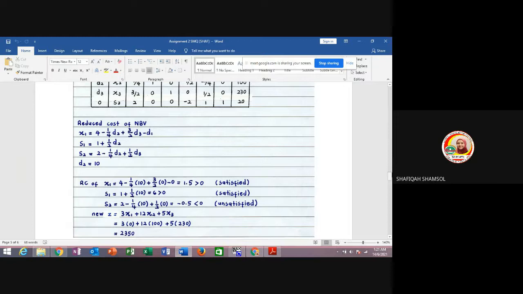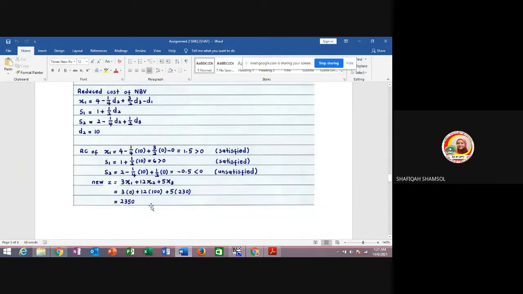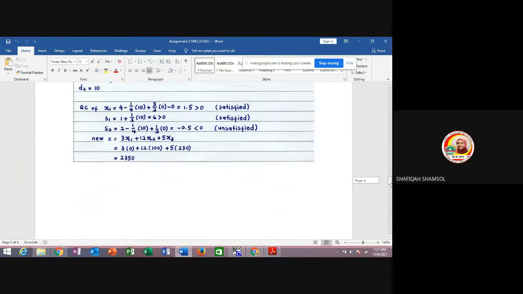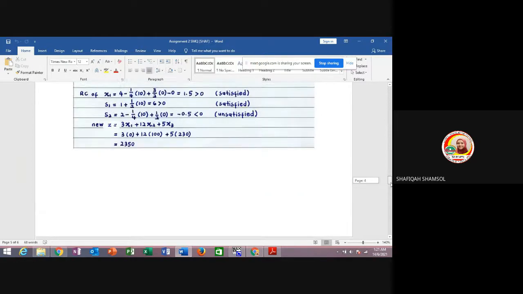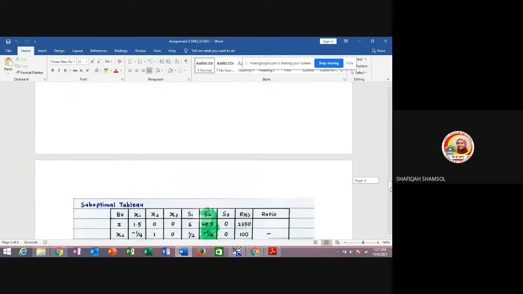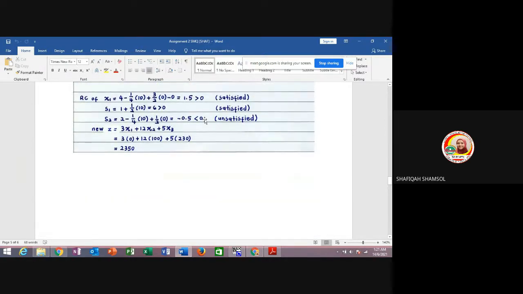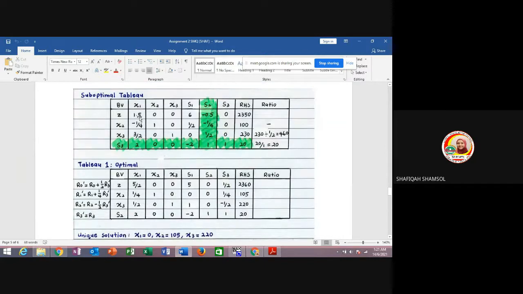And the new Z value that we get is 2350. After we get all the values, we must substitute them into the suboptimal tableau. As you can see here, x1 1.5, s1 6, s2 negative 0.5, z 2350.